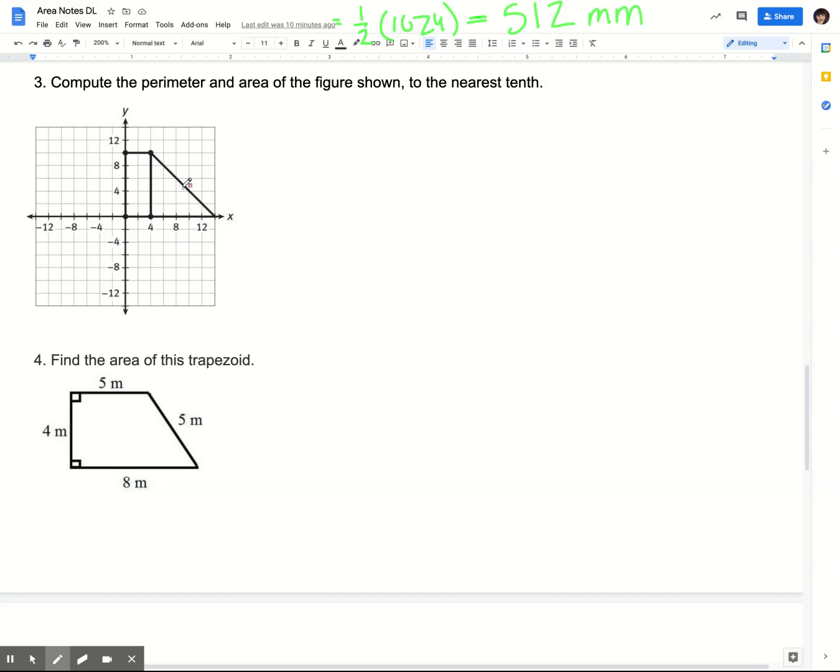For area, you can either divide this into two shapes, like a rectangle and a triangle, or you can solve it as a trapezoid. And for perimeter, you are going to need your Pythagorean theorem to find this distance right here.